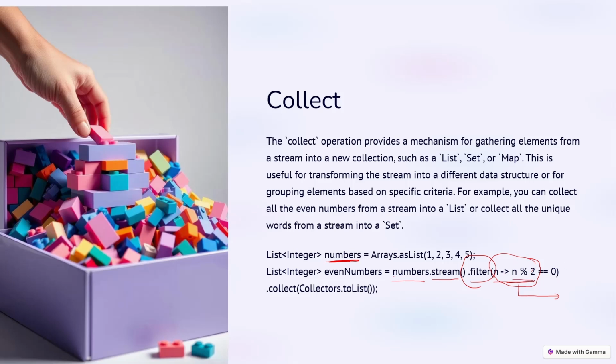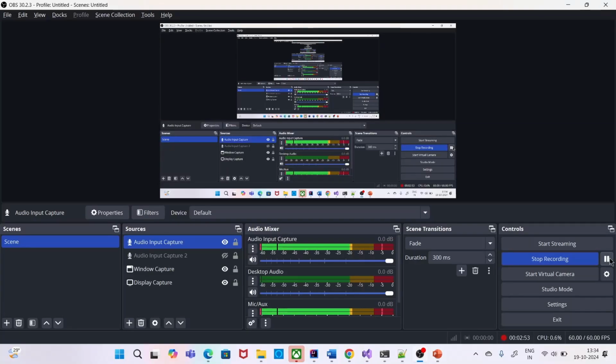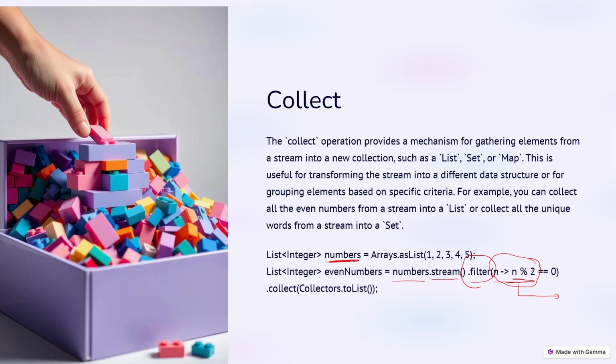Here we are checking the number. So we are collecting that information by using collect with toList. In which format are we going to collect?